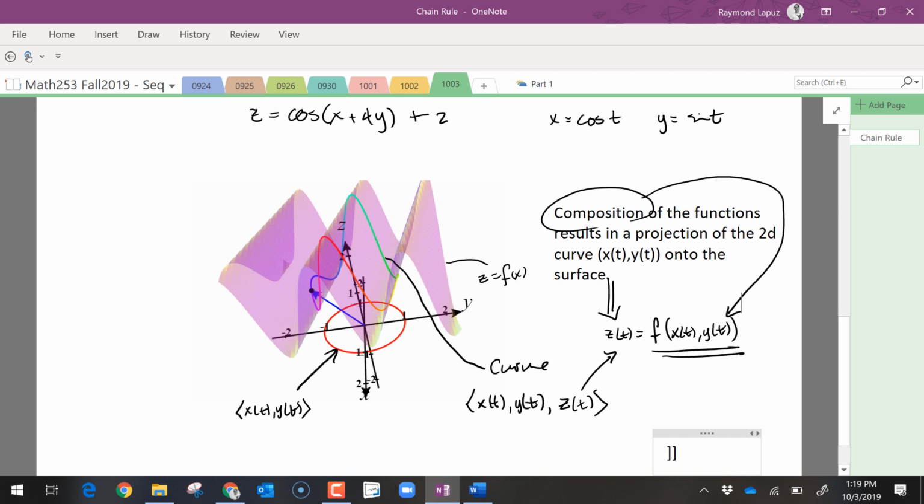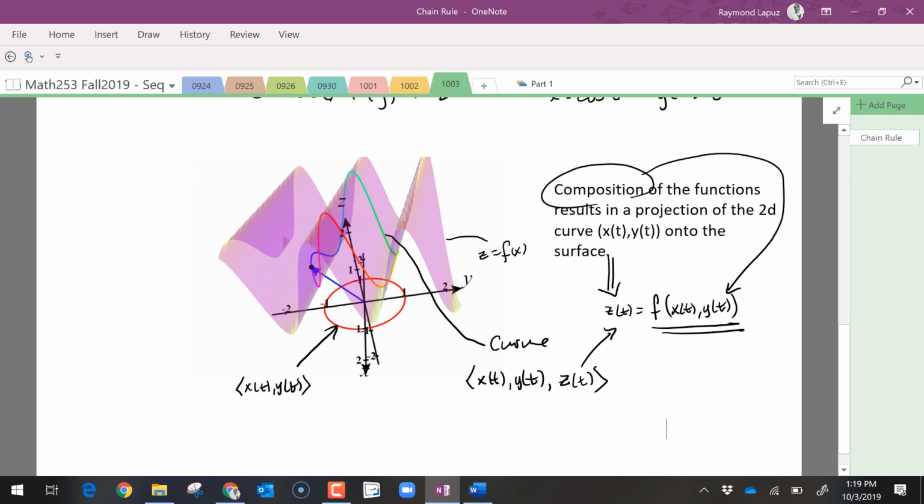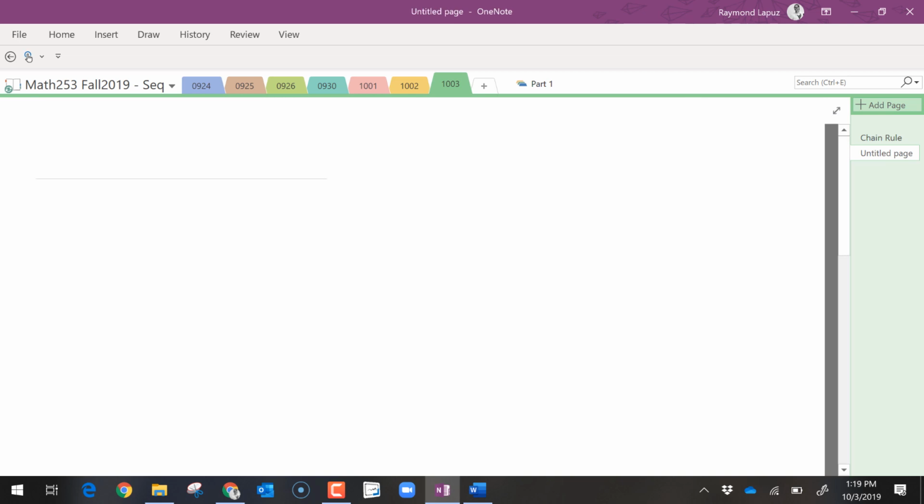Now let's go on and continue talking about other forms of the chain rule. This is just one special case. Maybe your function f has 3 variables, and then you have x as a function of t, y as a function of t, and z as a function of t. So maybe you might want to compose 3 of them.